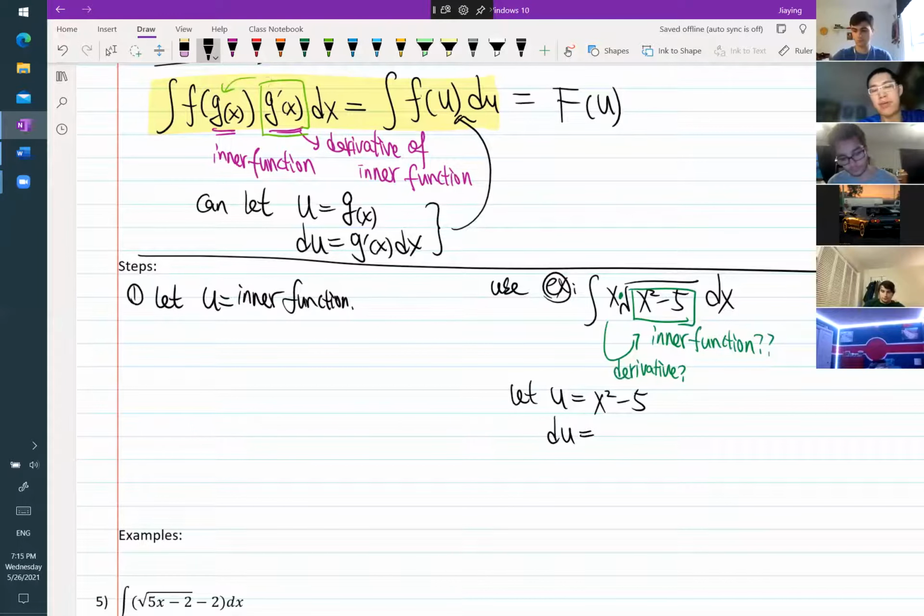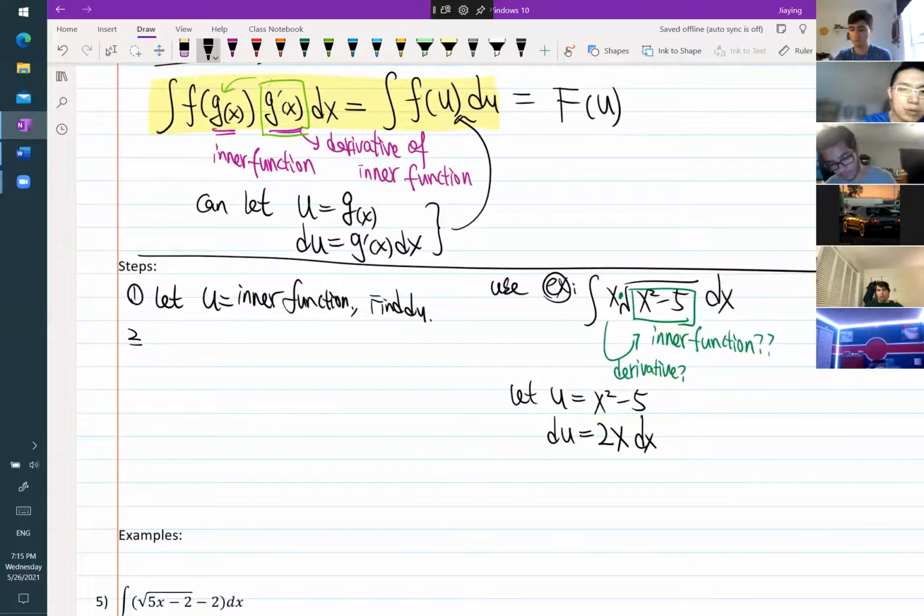The derivative of x squared is 2x, and then dx. And the derivative of negative 5 is 0, so we don't have to write the 0 there, just 2x dx. So that's what the du is. So we let u equal the inner function and find du. That's all in one step.